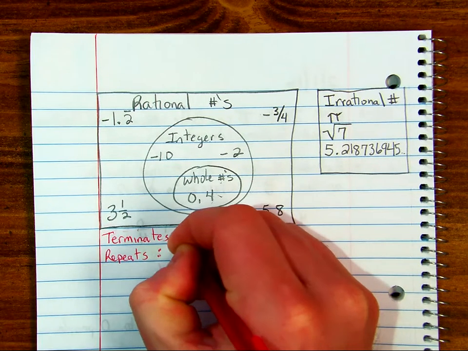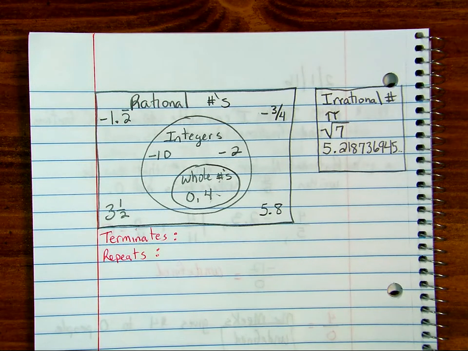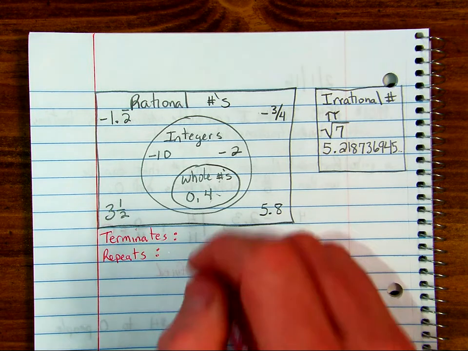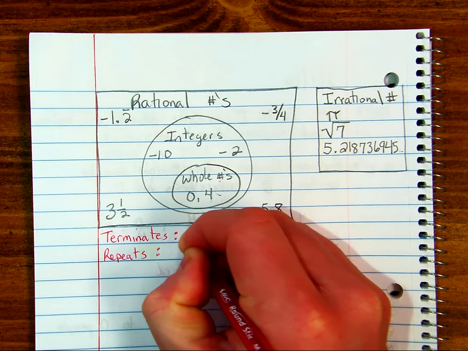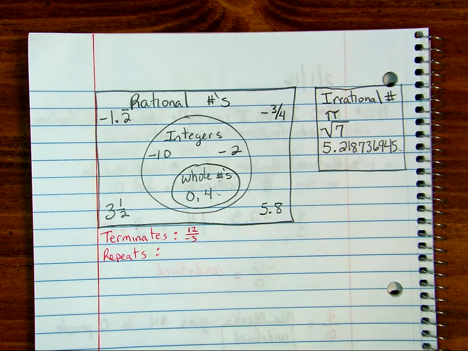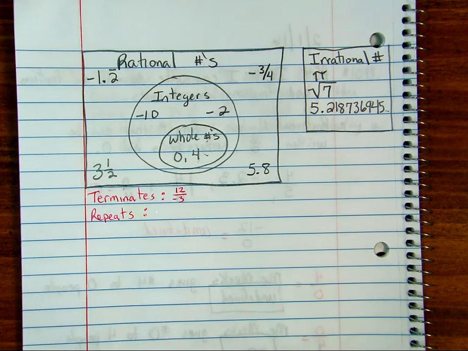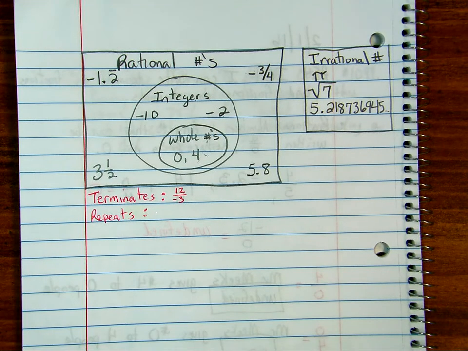A terminating fraction, or a terminating decimal, like 12 divided by negative 3. The answer is negative 4. That number terminates. Terminates means stop. It stops. The answer is negative 4. That's it.